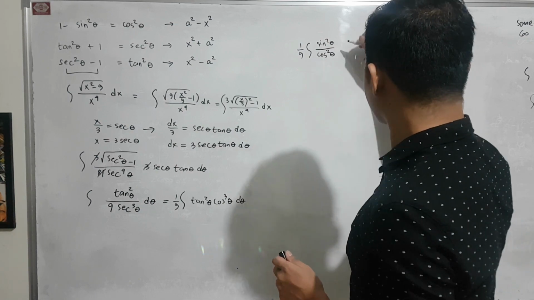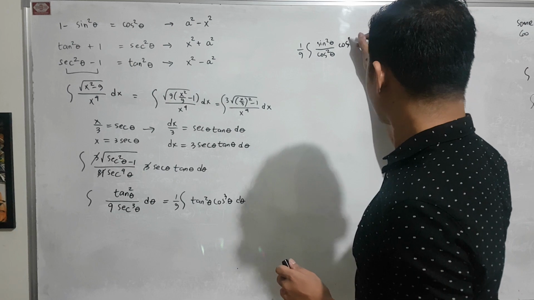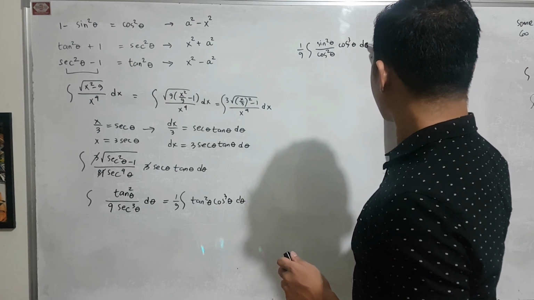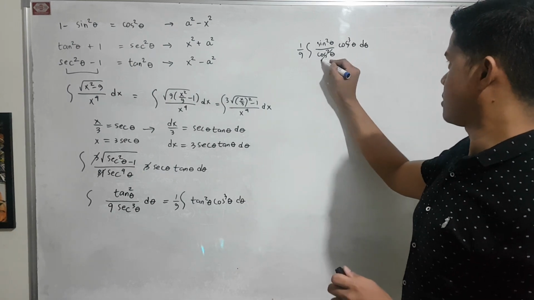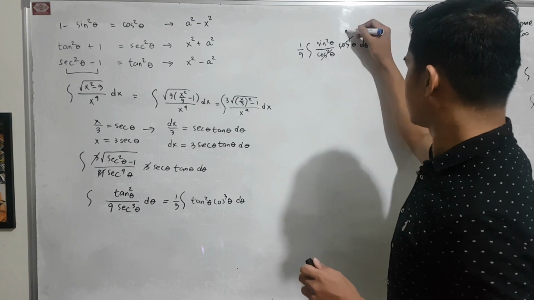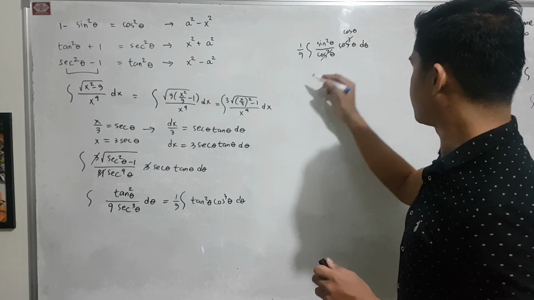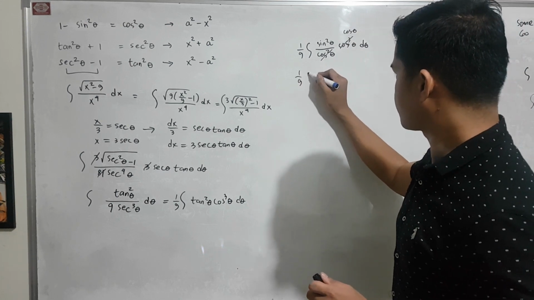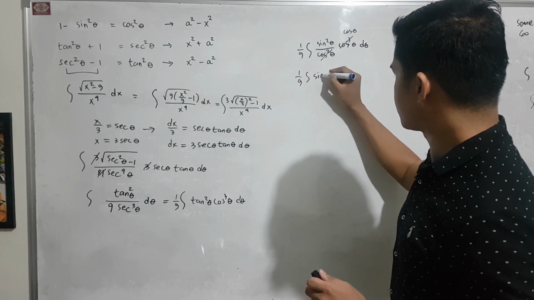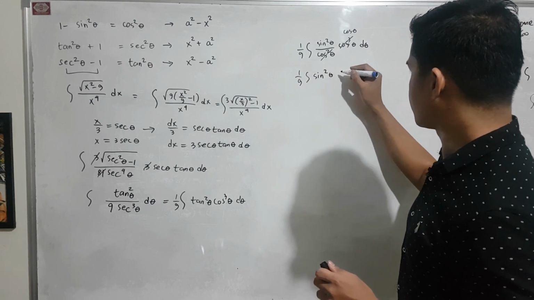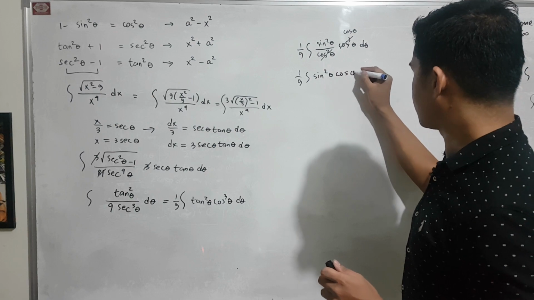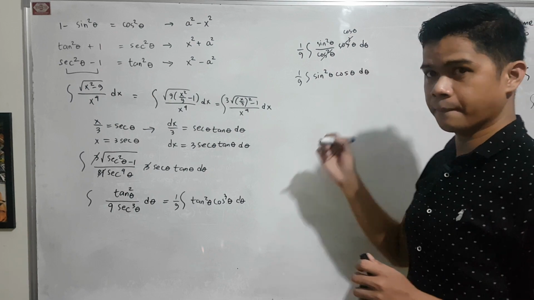Then you have cosine cubed there, and you see we can cancel out, left with the cosine theta. So we have sine squared theta and cosine theta d theta.